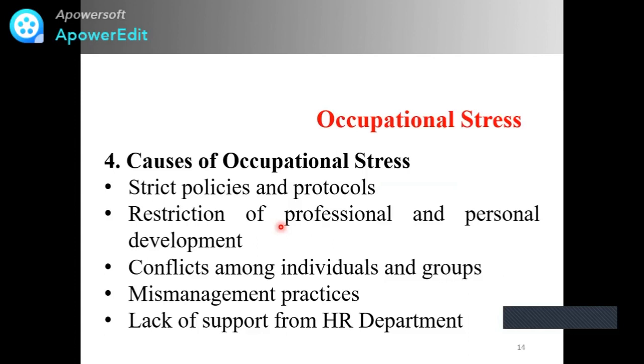While the source of occupational stress varies from person to person, it is important to know that the employees of an organization, regardless of how big or small it may be, can be affected by occupational stress.